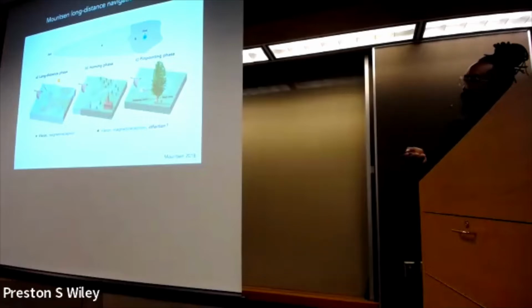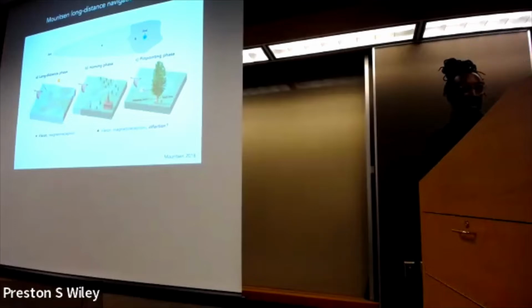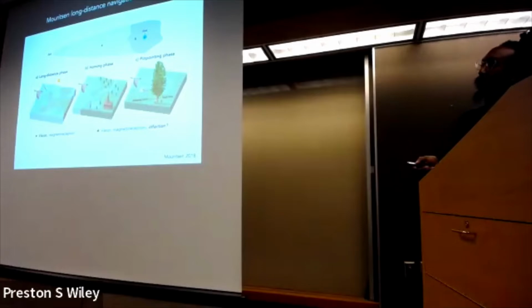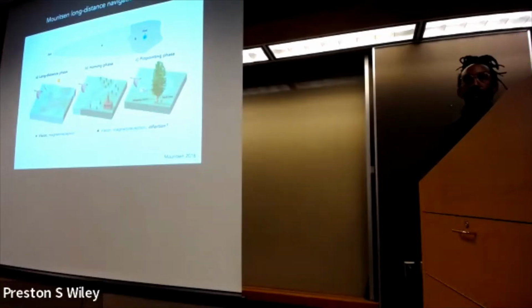There's a second, intermediate phase called the homing phase. You're broadly in the area of where you're going to specifically end up. And then finally, you're at a pinpointing phase. Once you're in a broad area, how do I get to the specific set of trees that we're interested in?